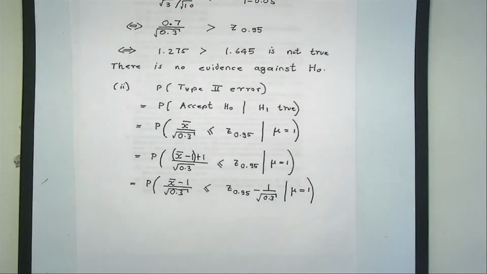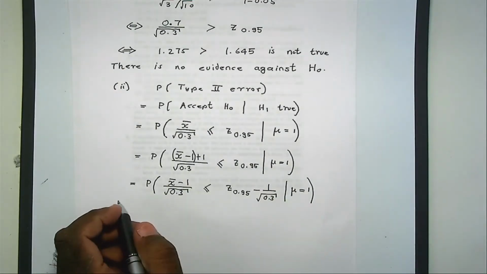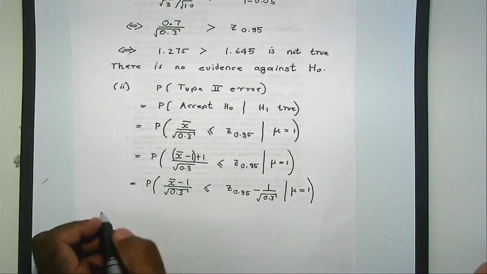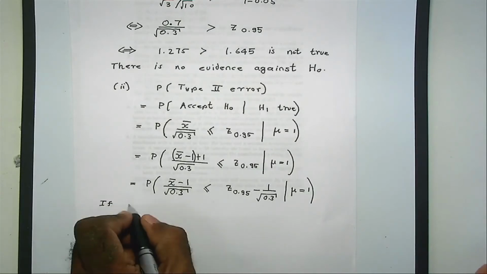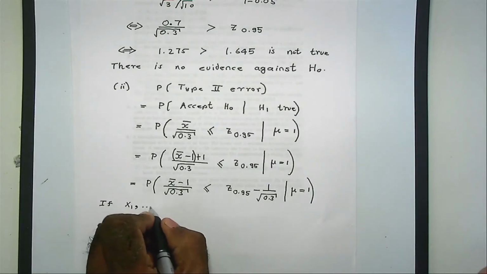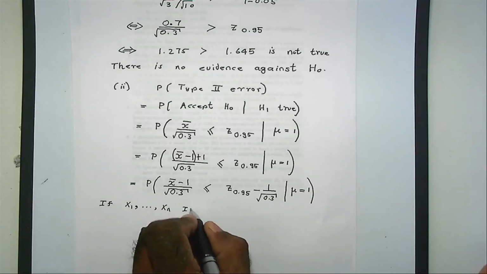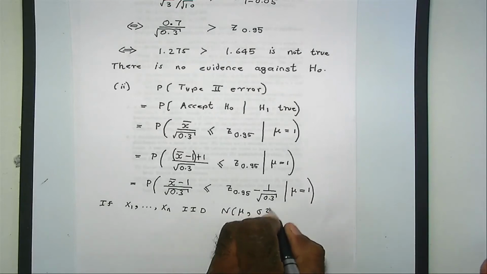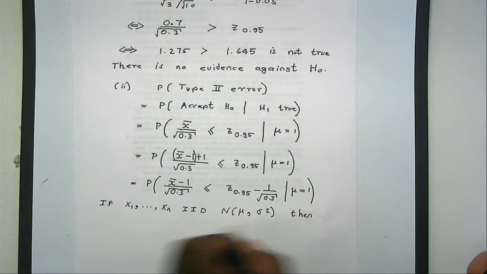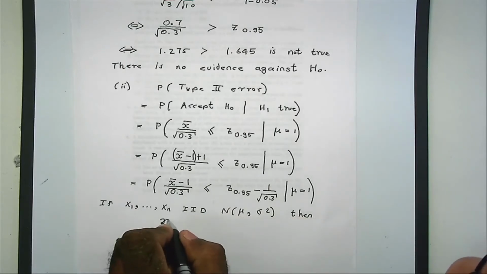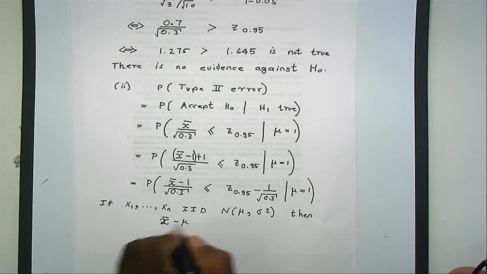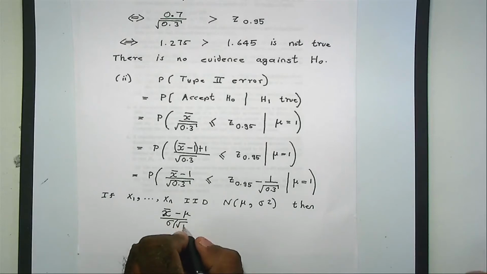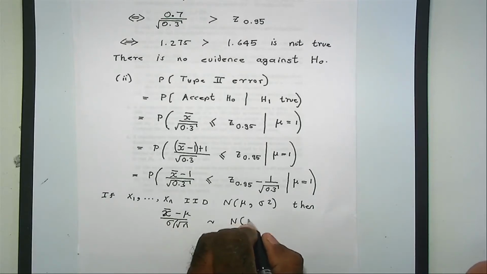Right, now I want you to recall a property that I talked about in the video on normal distribution. If you have a sample, let's say x1 to xn, IID from normal distribution with these parameters, then the following statement is true: x bar minus mu divided by sigma by root of n has the standard normal distribution.